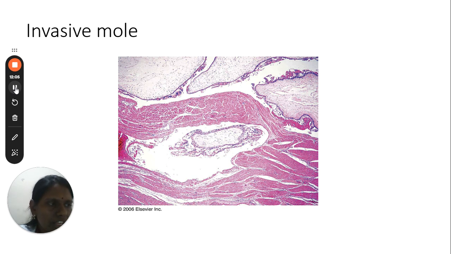Invasive mole always develops after a complete or partial mole. Pathology shows hydropic villi and proliferation of cytotrophoblast and syncytiotrophoblast. They invade the myometrium and serosa. So invasive mole also we need to treat because it is locally malignant.